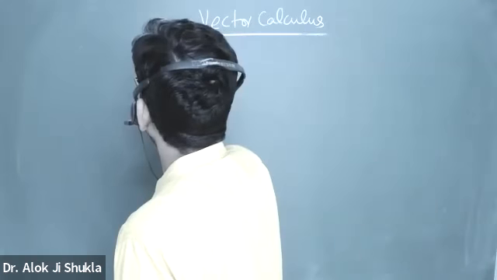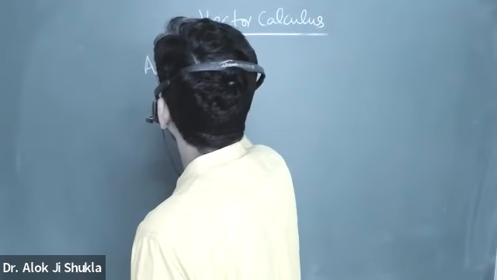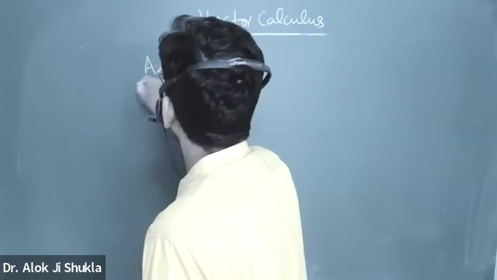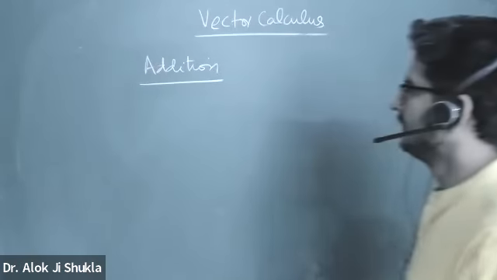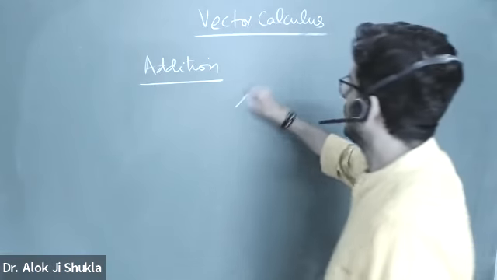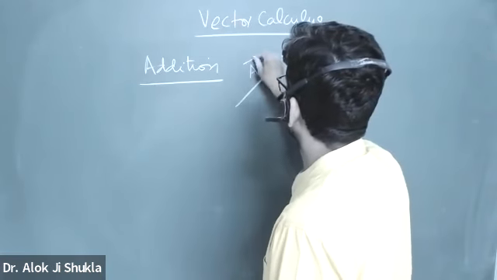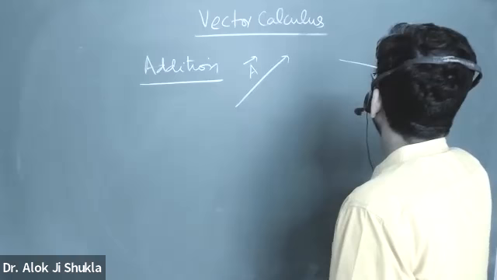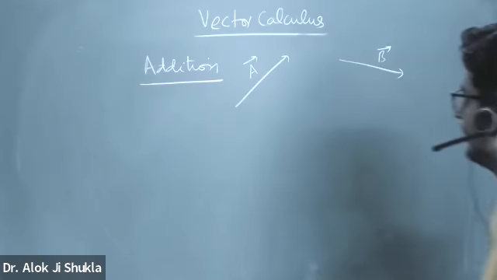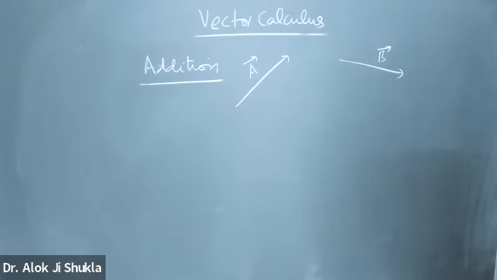So its addition is very simple, but we should know it because it is used sometimes. So suppose we have two vectors like this, vector A and vector B, and you want to add them.